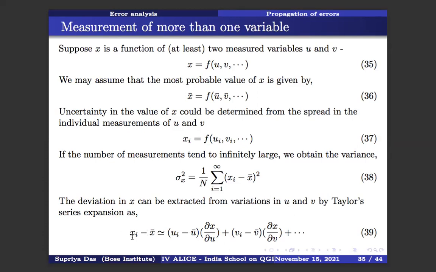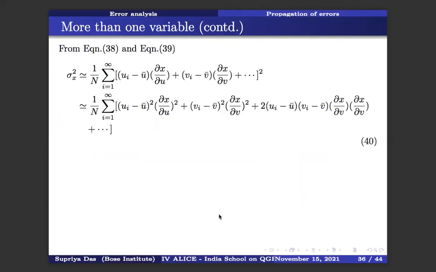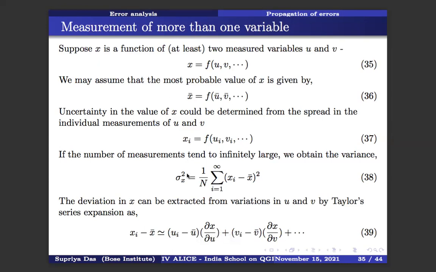So xi minus x bar, that is the deviation of xi from the x mean, can be given by this. This is a simple Taylor series expansion in u and v. And then from these 2 equations, for sigma square x, you put the values of xi minus x bar here.